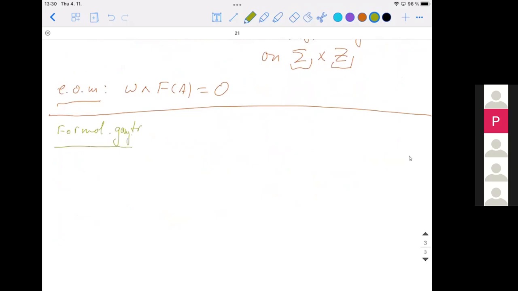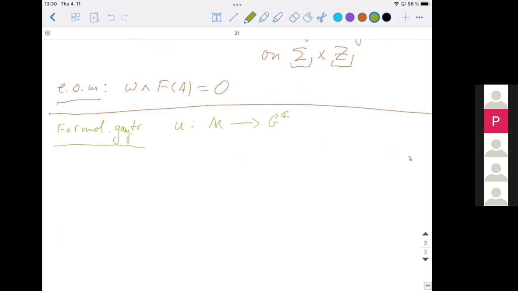This Chern-Simons theory is invariant under this gauge transformation U, a complexified algebra-valued transformation, such that the gauge field transforms like this.